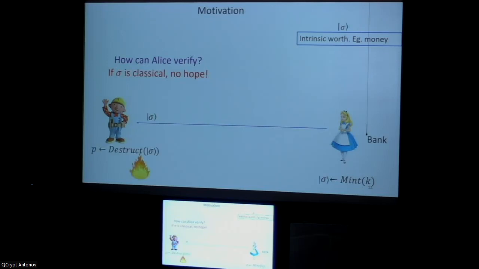And now Alice can say, you know what, you actually measure my state in this particular basis that will destroy the state and send me the measurement outcome. And now Alice can verify it efficiently using her secret key. And once she is convinced, after this verification passes, now she can send this ice cream popsicle to Bob. So this is basically what the setting is.